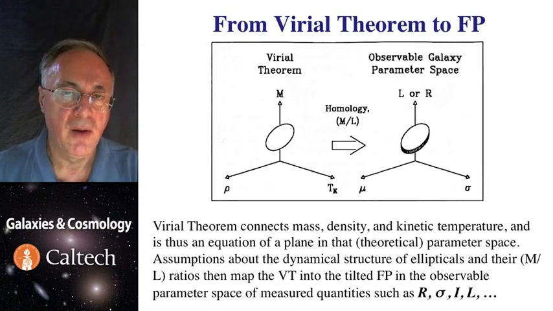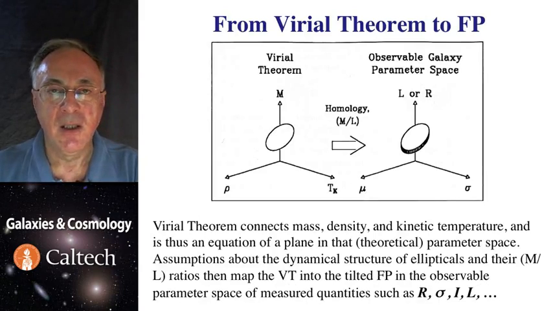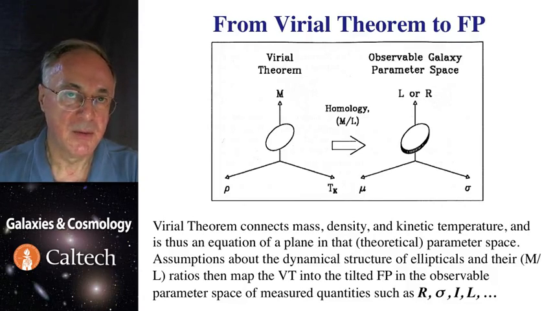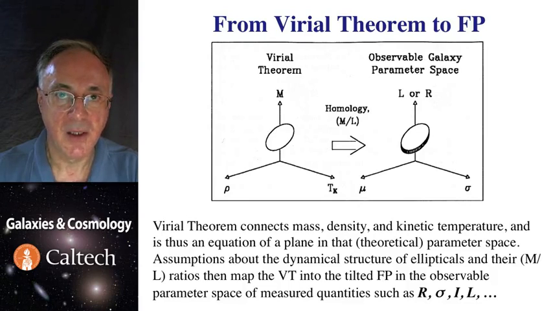You will recall from our hand-waving derivation of these scaling relations that if you take the virial theorem, which connects three variables, say radius, mass, and characteristic velocity scale, or radius, density, and characteristic velocity scale, it implies there is a plane in the parameter space of these three quantities, which we can call the virial plane.